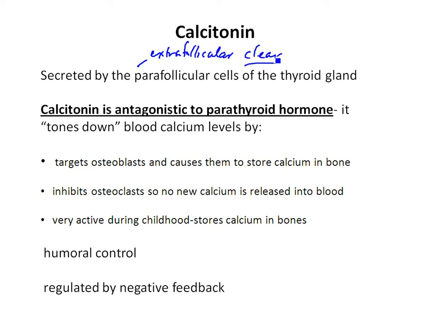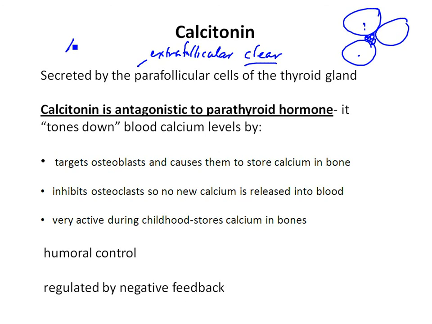They're clear. These are the cells by the colloid follicles in the thyroid gland. Para means near, or by, so parafollicular cells are the cells by the follicles, and these release this hormone called calcitonin.